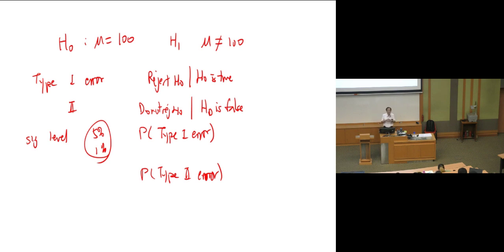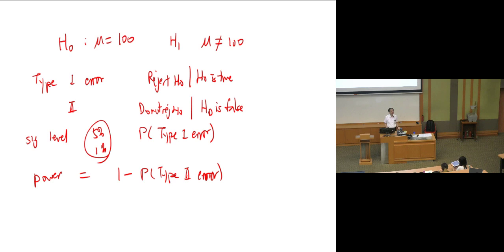So we try to control the type 1 error chance, and at the same time we try to minimize the probability of committing a type 2 error. There is a term called the power of a test, which is equal to 1 minus this probability. So if the probability of committing a type 2 error is small, then the power is big. These are the terms that we are going to discuss.